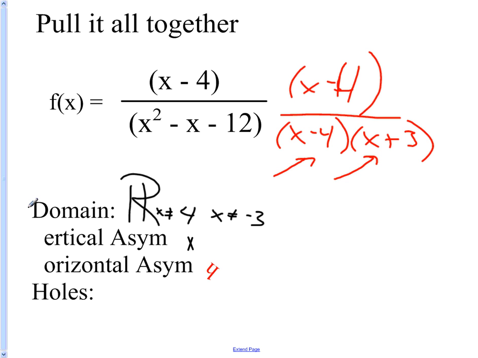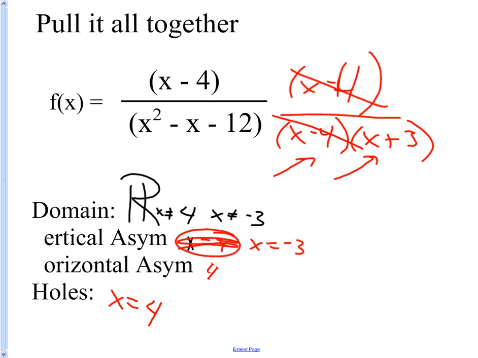Well, it's x equals 4 and x equals negative 3. But one of those can't be an asymptote because it's the hole. That was the hole, and the hole was this one right here, so it can't be a vertical. It's got to be a hole.